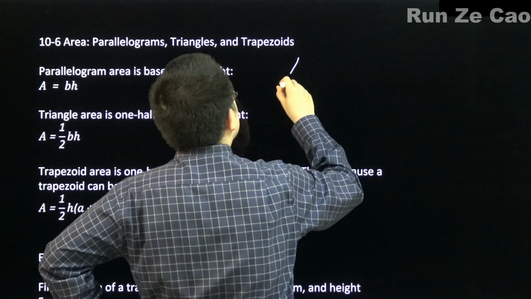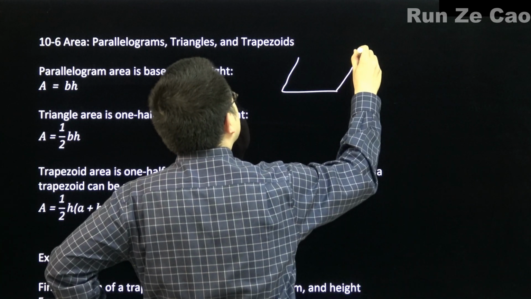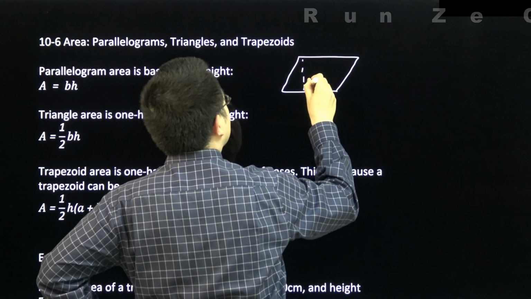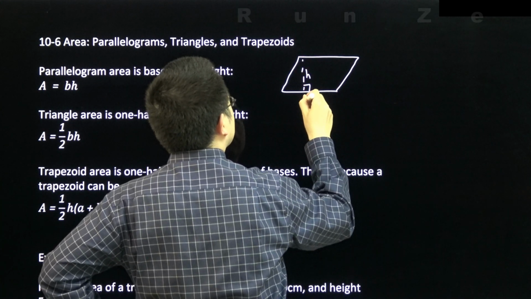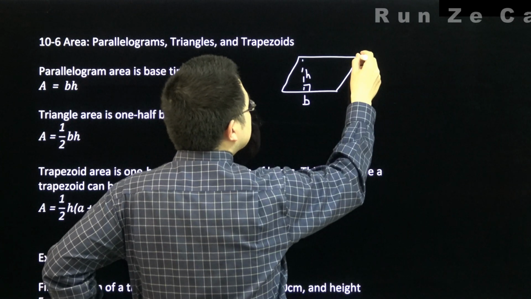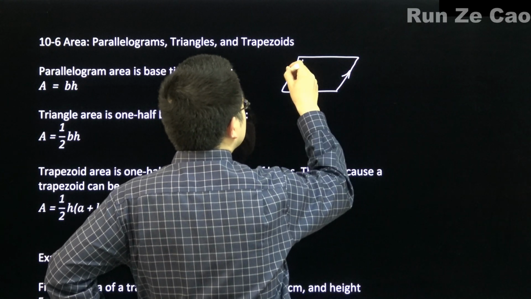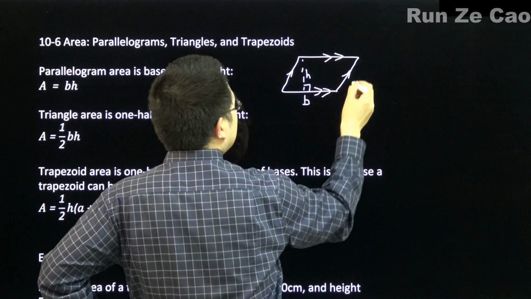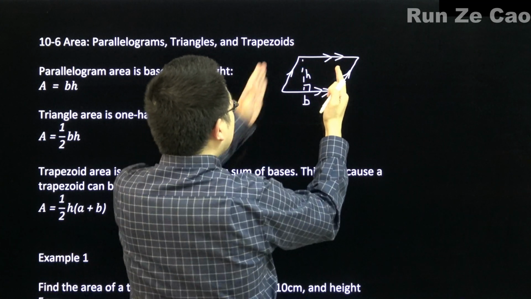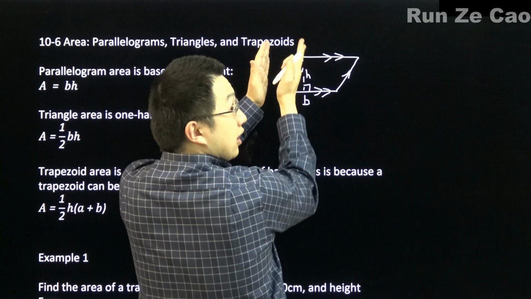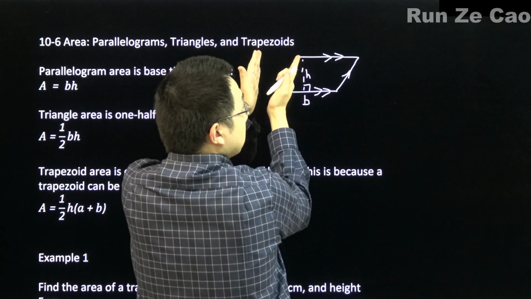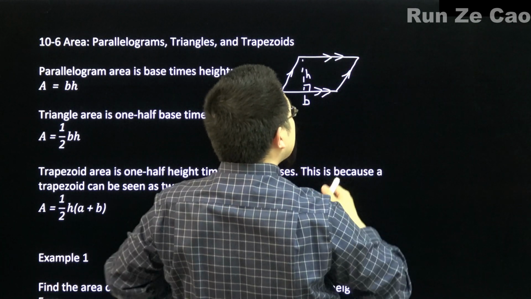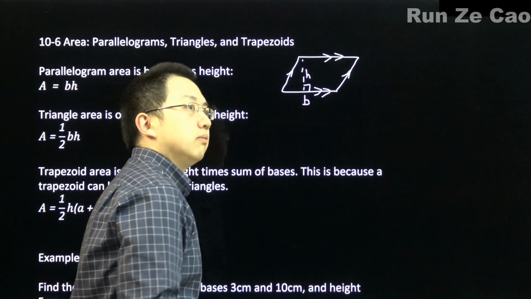Why? I mean, we know that base times height is also the formula for, say, rectangles. Well, because these lines are parallel, let's say we take a rectangle and we slice a triangle off. Okay? And we slap that triangle onto the other end of the rectangle.